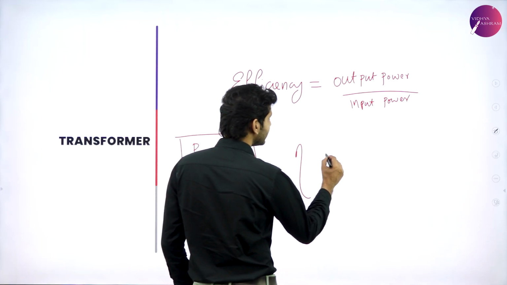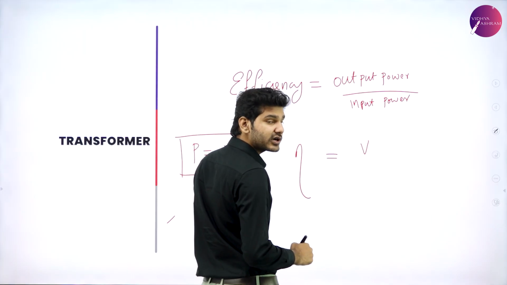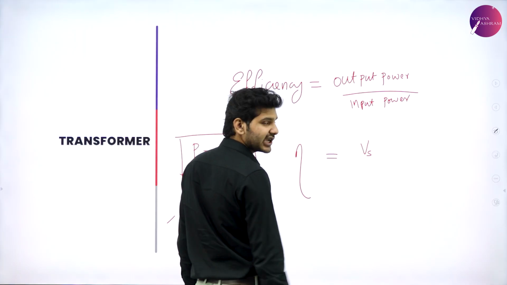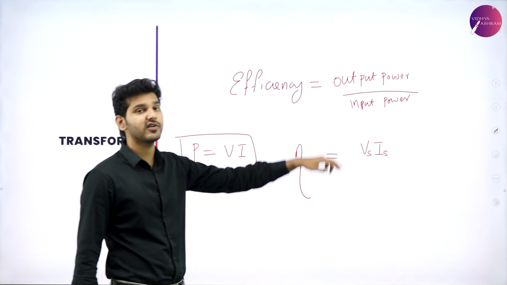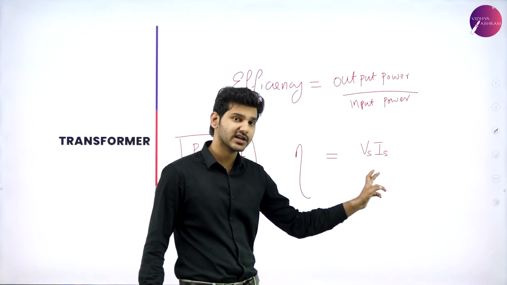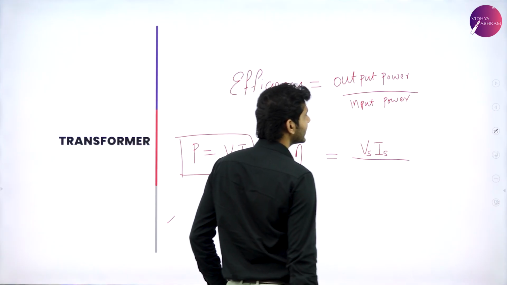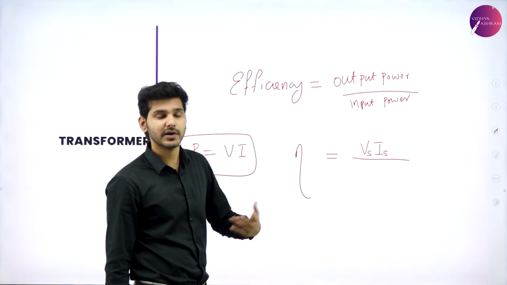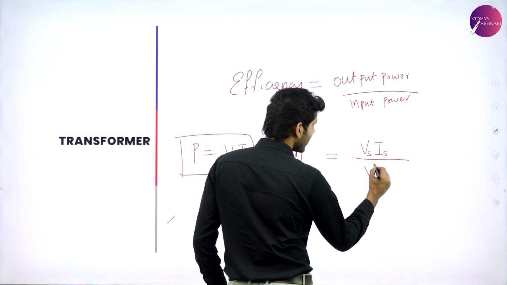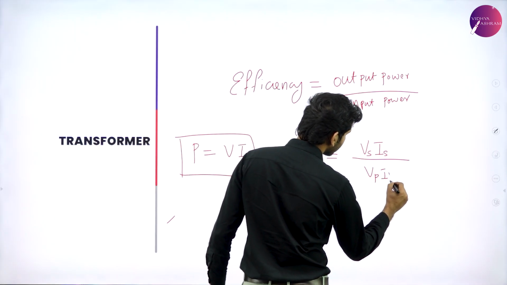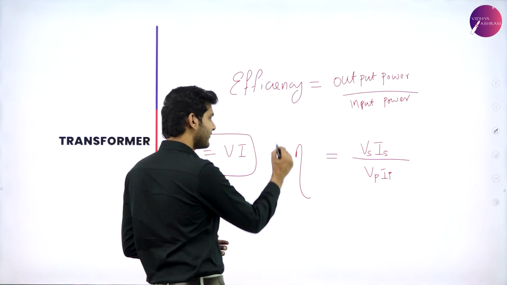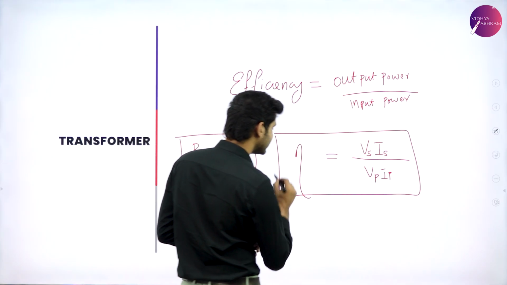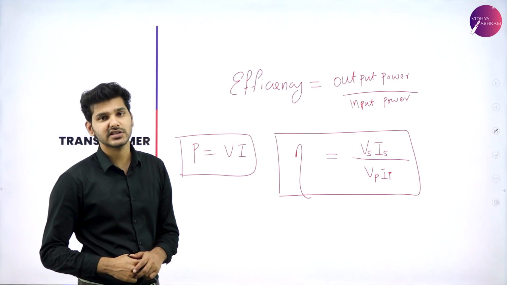So efficiency will be equal to output voltage, that is voltage in the secondary coil, times current in the secondary coil, that is output power, P equals VI, divided by input power. That will be in the primary coil, so automatically it will be Vp times Ip. So this is the efficiency equation that is used to find the efficiency of a transformer.